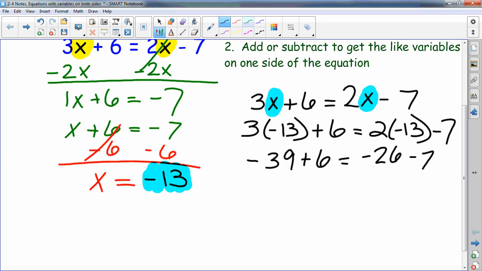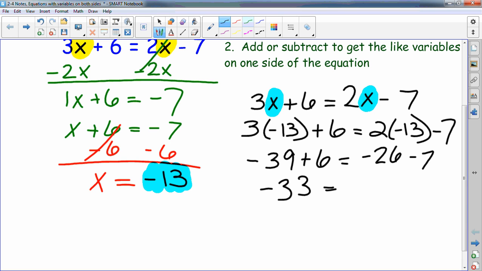Do I have any more multiplication left? No. So I have to do my addition and subtraction. Negative 39 plus 6. Well, if you owe somebody $39 and you pay 6 of it, you then owe them negative $33.